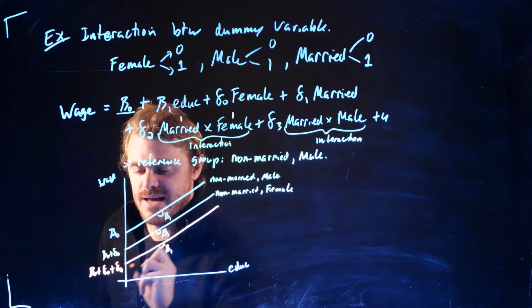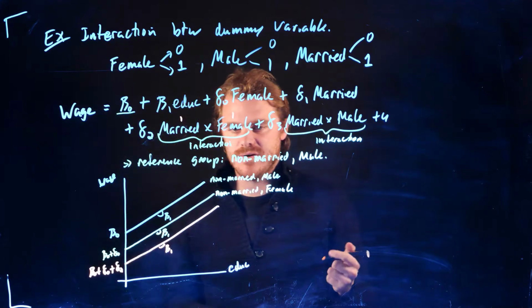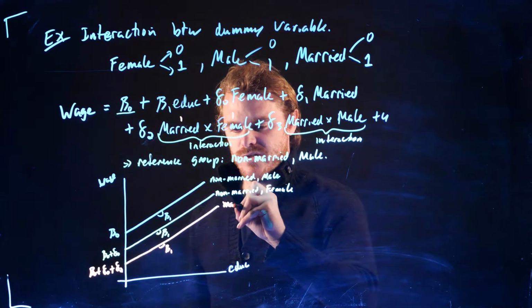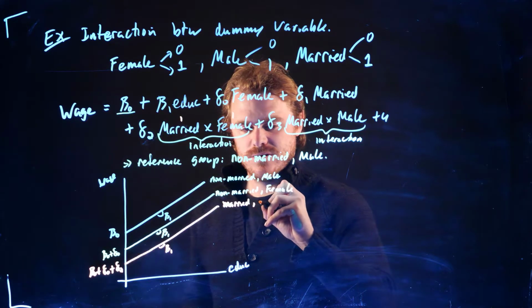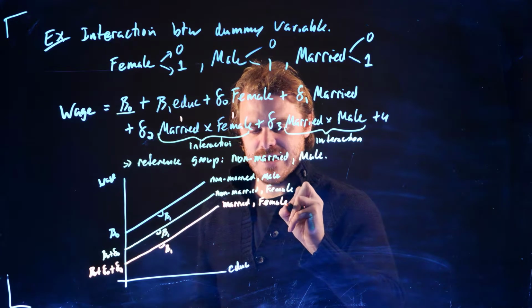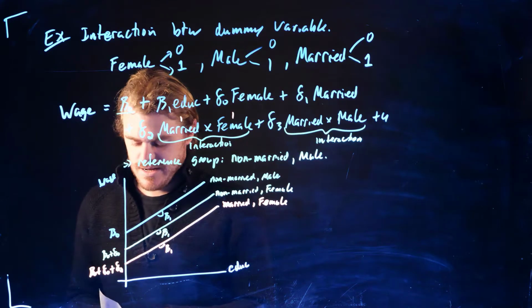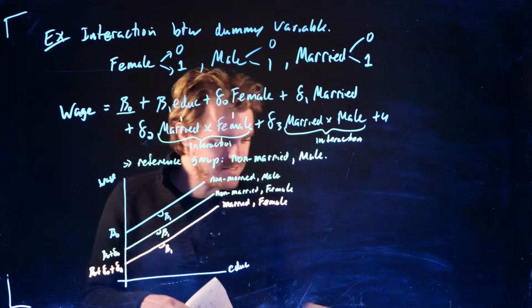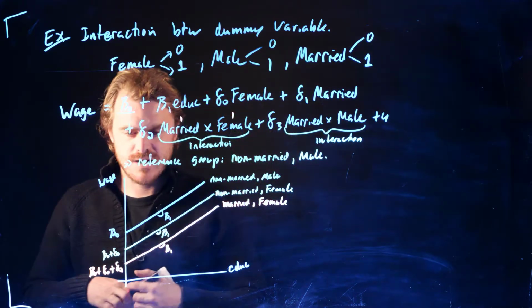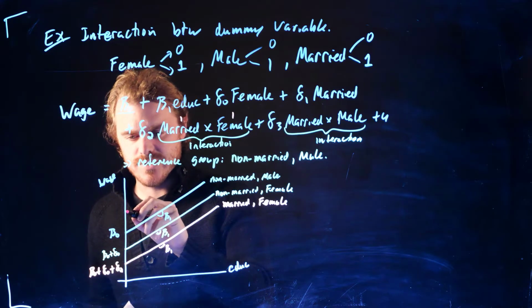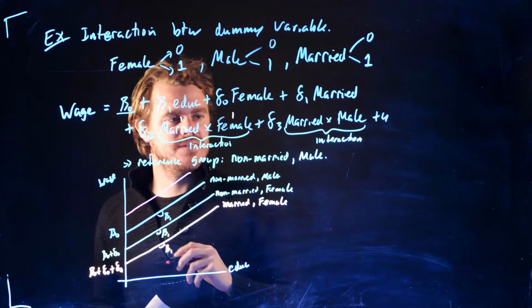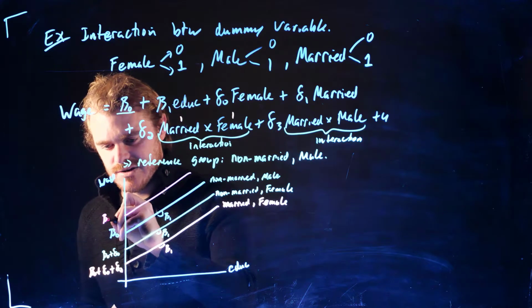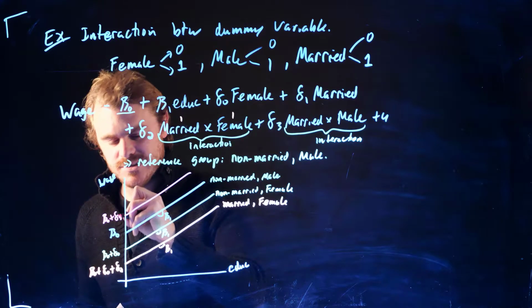Again, delta 2 is now negative, and this would be the regression line for someone who identifies as female and is married. And then, I'm running out of colors here, but hopefully this pink one will work. Let's say this last one is positive. This delta 3 is positive. The intercept is beta 0 plus delta 3.